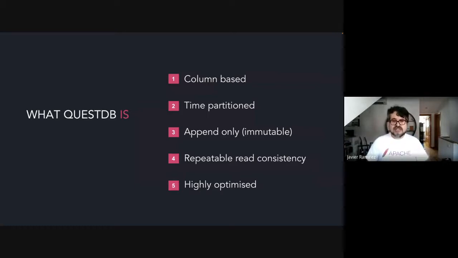You are from the DataOps group, so you probably are familiar with columnar storage. I don't want to bore you with that, but that means we can read only the columns we are going to be using. We also are time partitioned. When you create your tables, you can define the partition by time, and you can define the resolution of the partition.